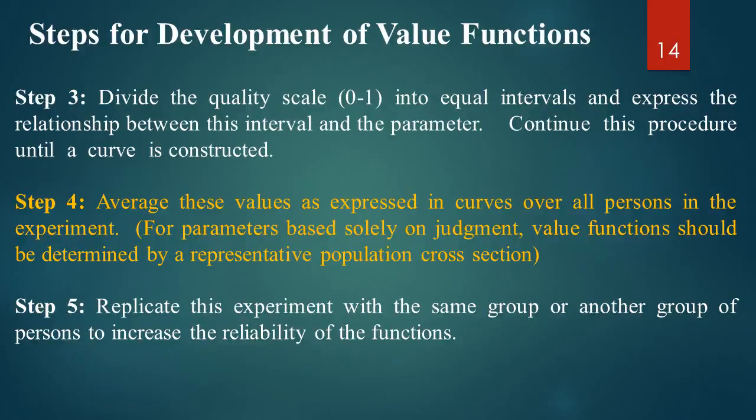For parameters based just on judgment, value functions should be determined by a representative population cross-section. In the fifth step, replicate this experiment with the same group or another group of persons to increase the reliability of the functions.